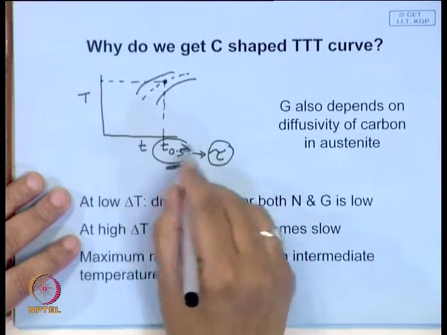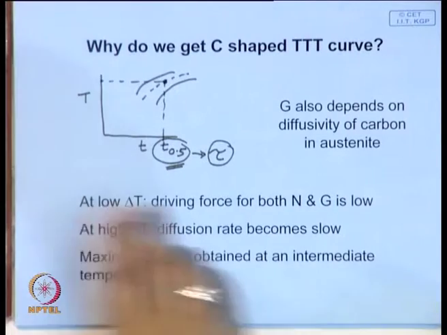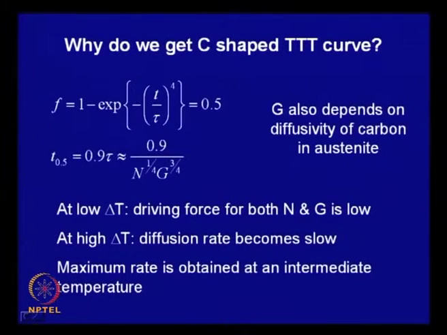There is a direct relationship with tau, and I leave it to you to show that the time to reach 50% transformation can be expressed in terms of nucleation rate and growth rate. So, this is the type of expression you will get.